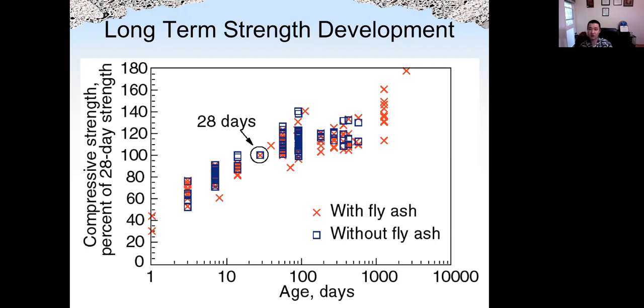But with fly ash, the strength will keep increasing over 1,000 days, 3 years or more. This is because of the pozzolanic reaction. We need water and also time. So give concrete with fly ash a little more time for the strength to increase.